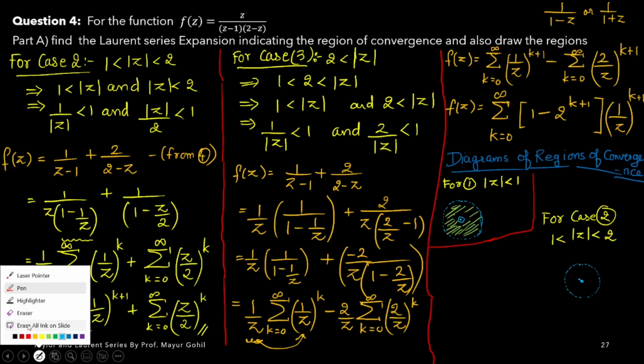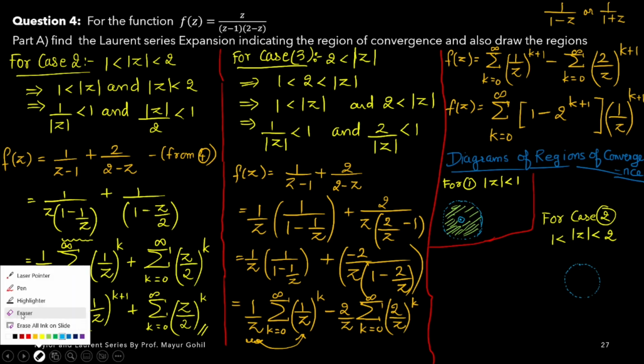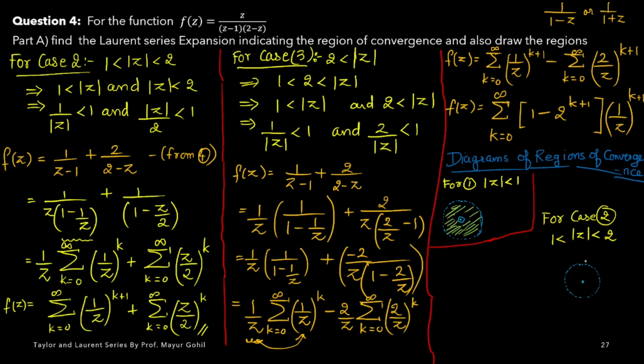You can draw freehand. There is no need to use geometric tools. Once you get the understanding that this is a circle, the radius of this circle is going to be 1. And here you have another circle of radius 2. That circle is also dotted, like this.